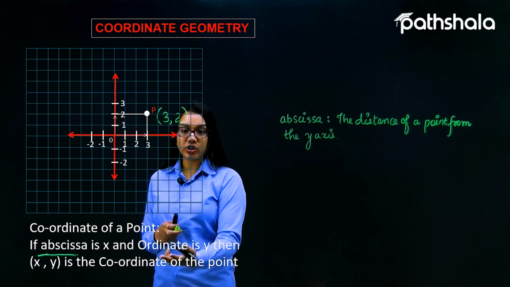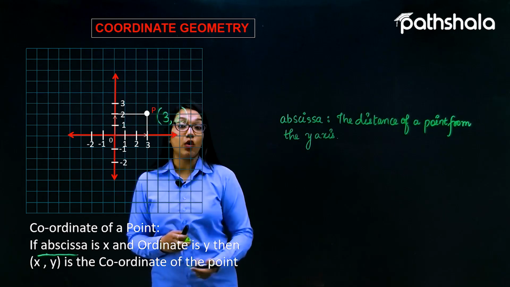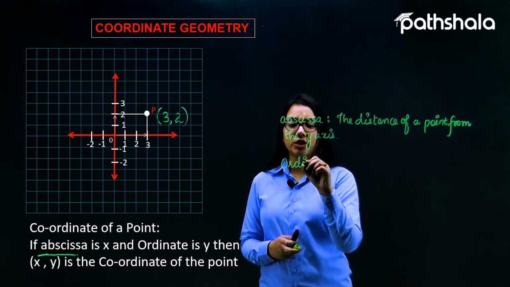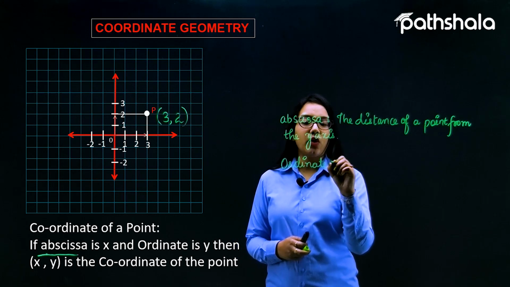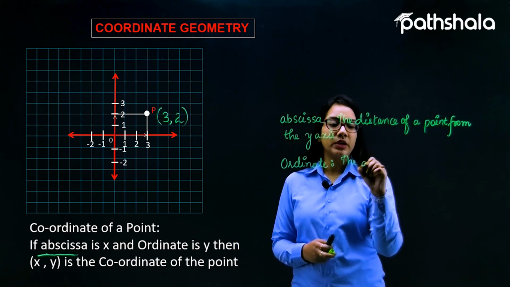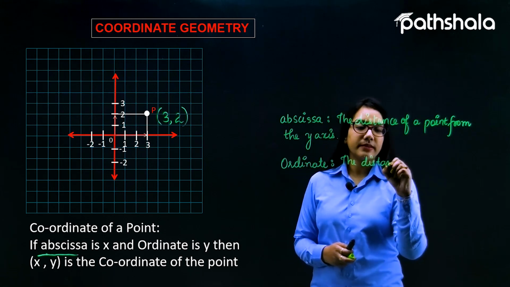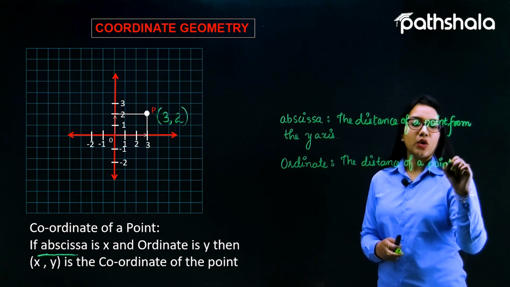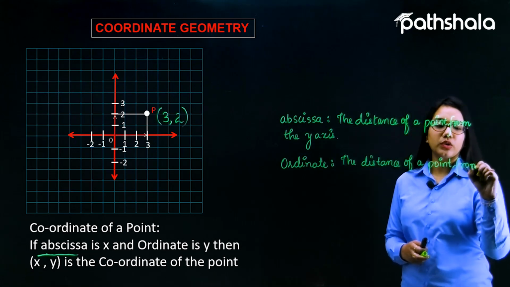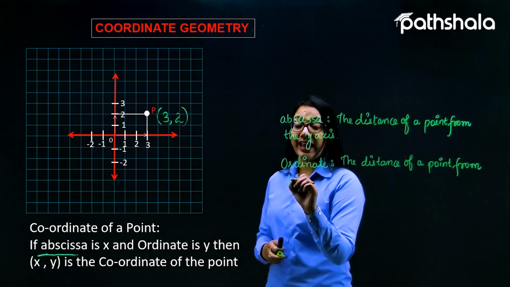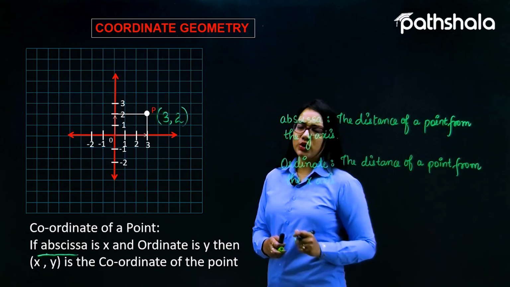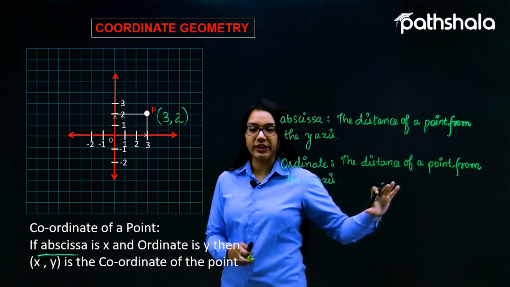And there is a new word again, which is nothing but an ordinate. What is ordinate? Ordinate means the distance of a point from the x-axis. So this is all about abscissa and ordinate.